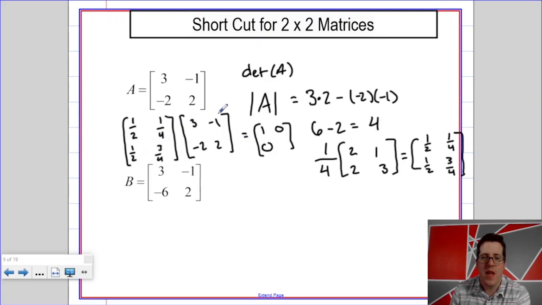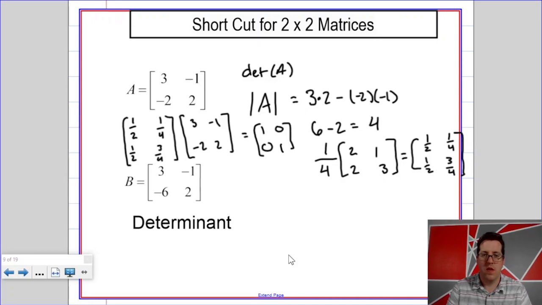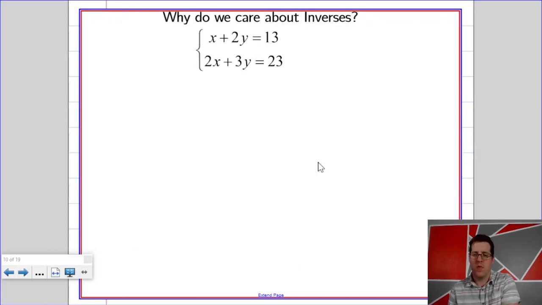And negative 1/2 plus 3/2, which adds to 1. So you do the same for B. Make sure that you know how to find its determinant, its adjugate, its inverse, and then check that by multiplying together to make sure that you make the identity matrix.